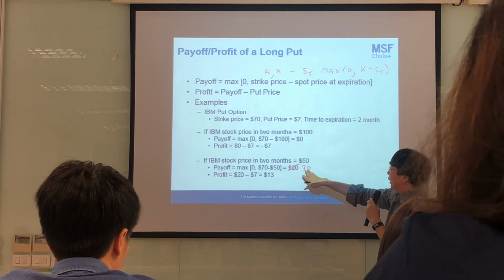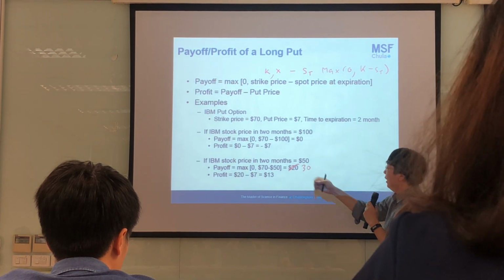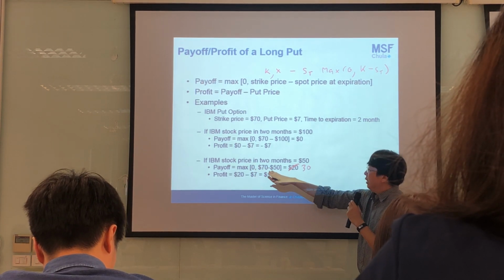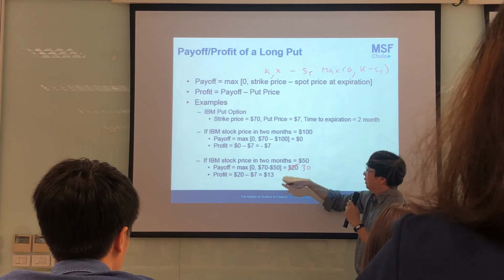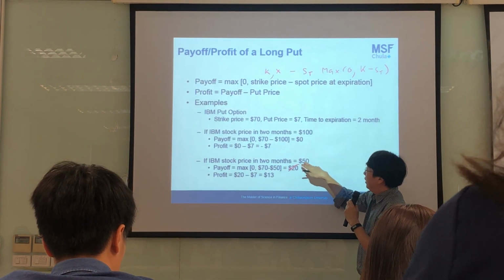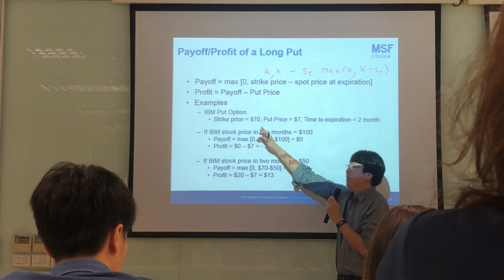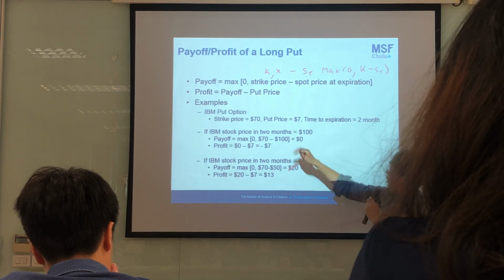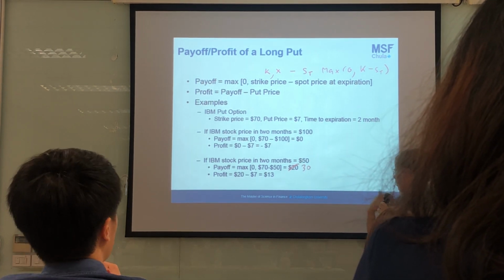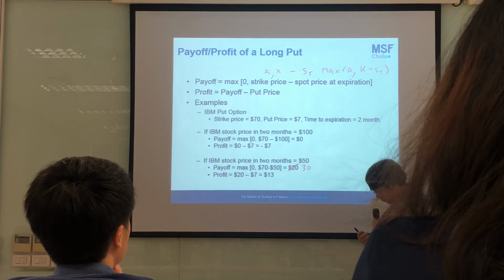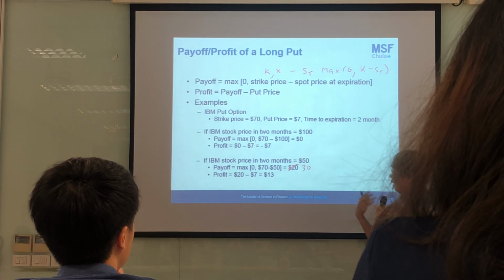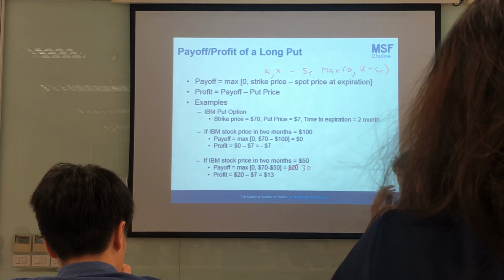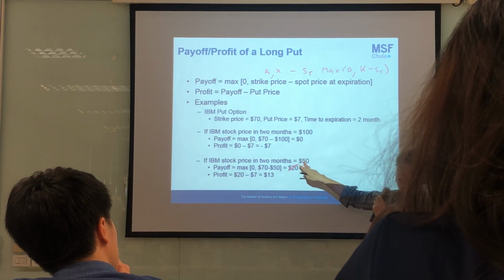Can you follow? You get 30 from shorting the put, right? And then the put option holder must exercise, because the current market price is 50 but they can exercise at 70. So they will exercise with us, the option writer, at 70. We pay them 70 and get the stock, and then we sell the stock in the market at 50.